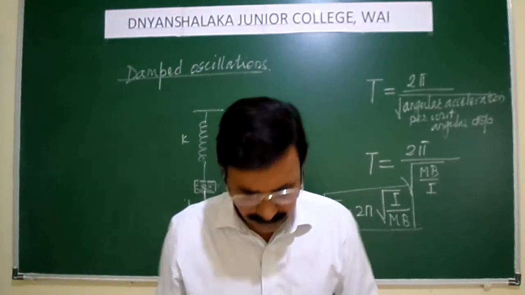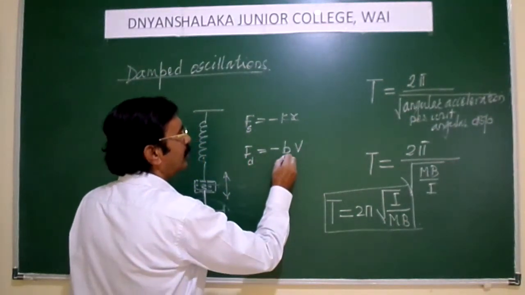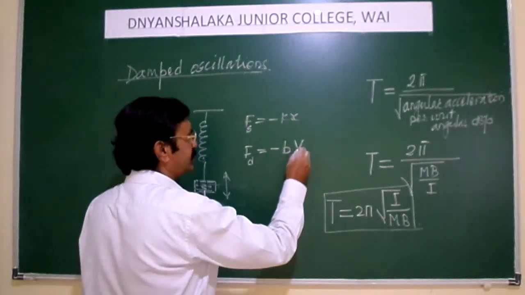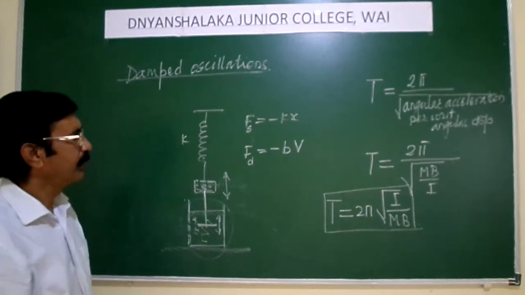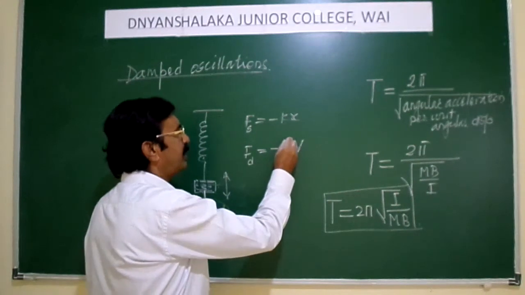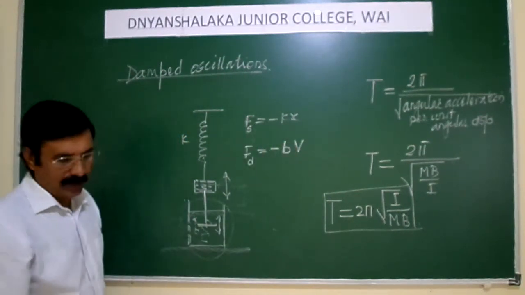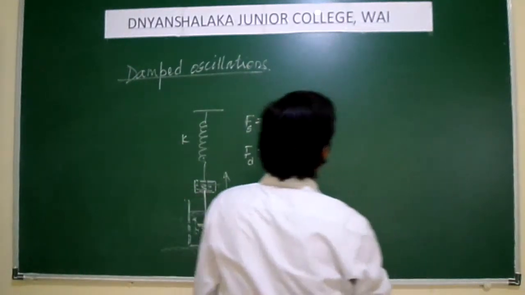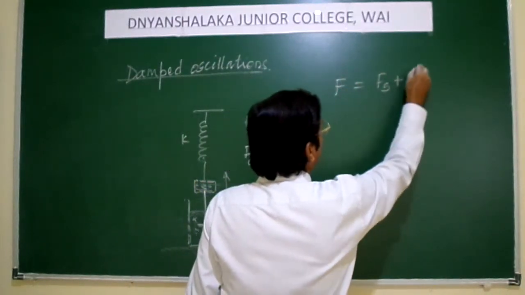This damping force is given as minus b into v, where force is in opposite direction to the velocity with which this vane moves up and down. Negative sign indicates that they are in opposite direction. b is the constant of proportionality. And so the total force experienced by the system F is equal to Fs plus Fd.